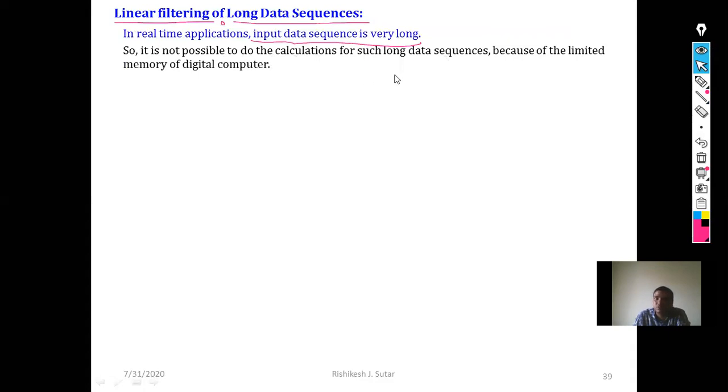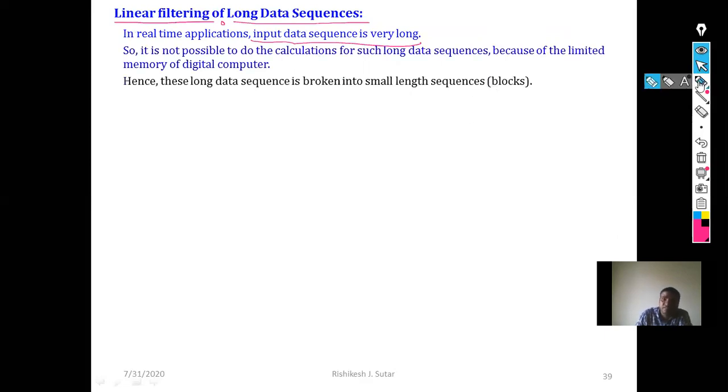It is not possible to do the calculations for such long sequences because of the limited memory of a digital computer. If the computer has limited memory and I cannot process these long data sequences, then I have to split the data sequence into small blocks.